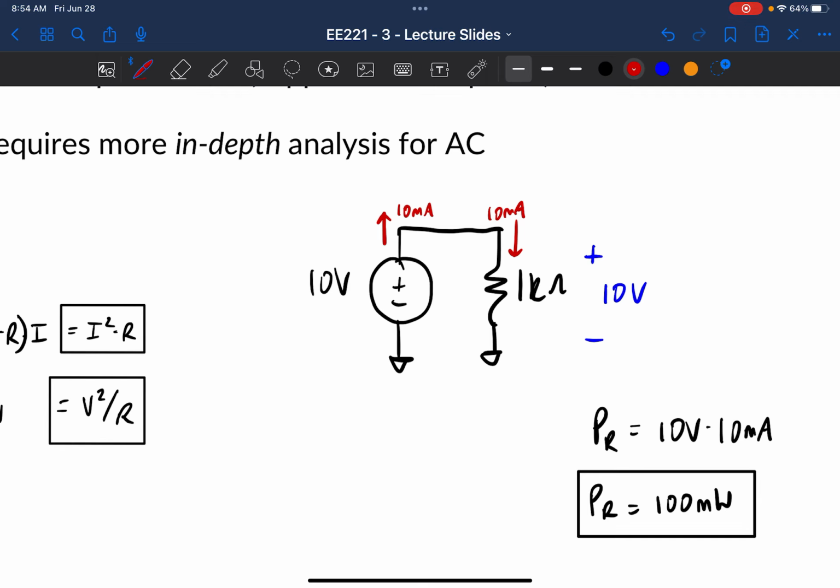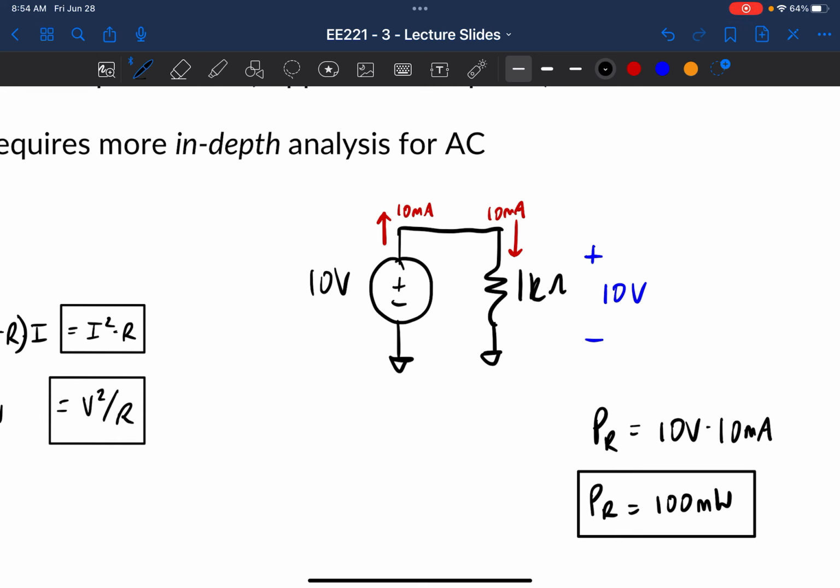This happens to be a particularly simple circuit, so it should be relatively obvious that the amount of power supplied by the source is equal to the amount of power dissipated by the resistor. But that won't always be the case, especially not when we get into AC circuits and AC power analysis.